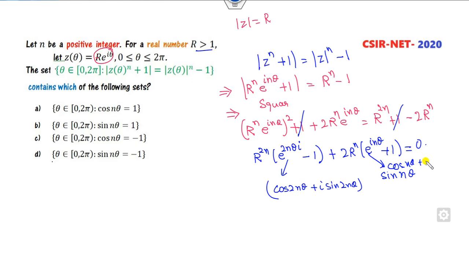Look at the options. Firstly I need this as 0, so this component must be 0. r is non-zero, so this will be 0 when this number is 1, and this number is minus 1, so cos n theta will be minus 1. Once cos n theta is minus 1, this number is a square plus 1, so this will be 0. The right answer is C.